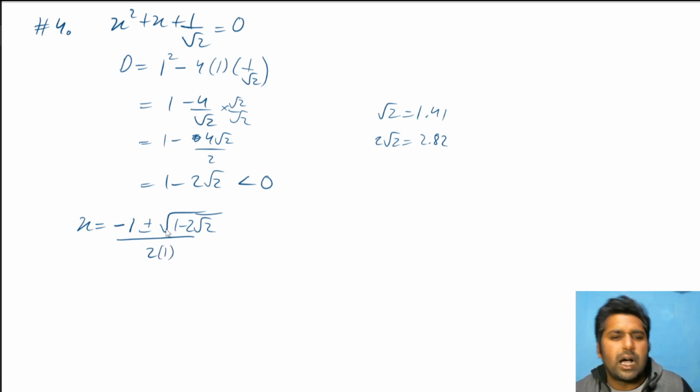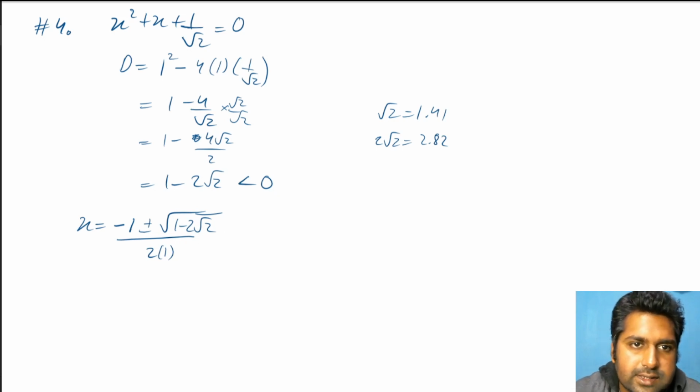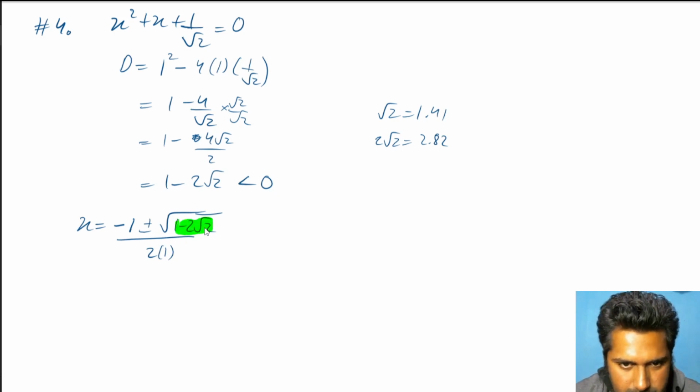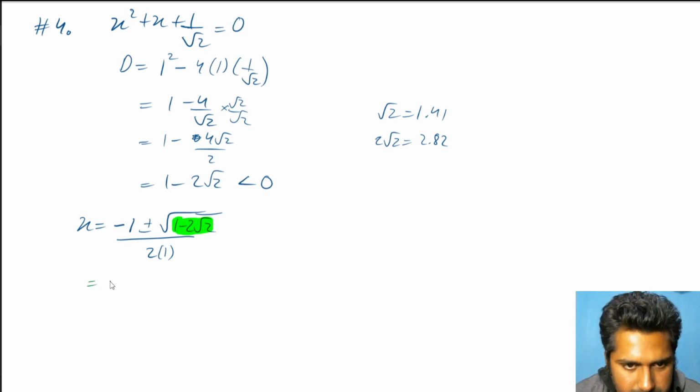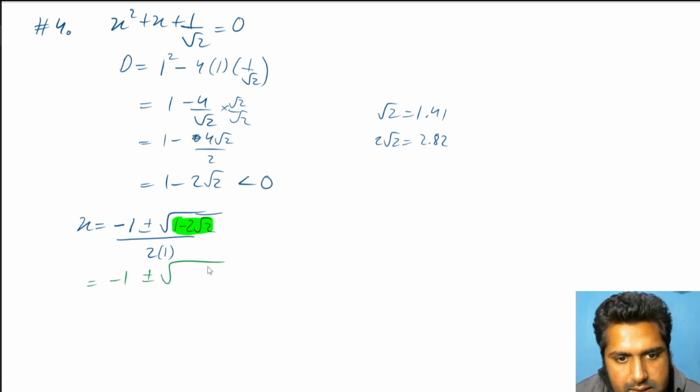Now you'll think, why do we even have to generate an iota here? See, for this quantity, first of all, we know this is less than 0. That means what we can do is take negative common out of it, and it becomes 2 root 2 minus 1. Now at least this 2 root 2 minus 1 is positive.